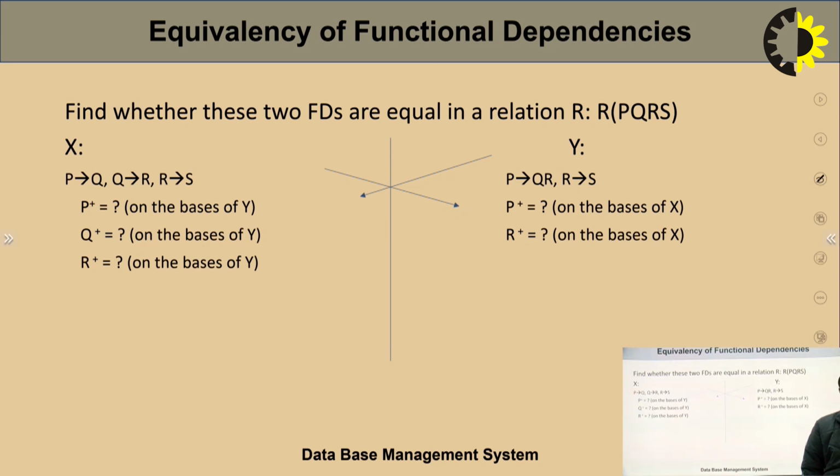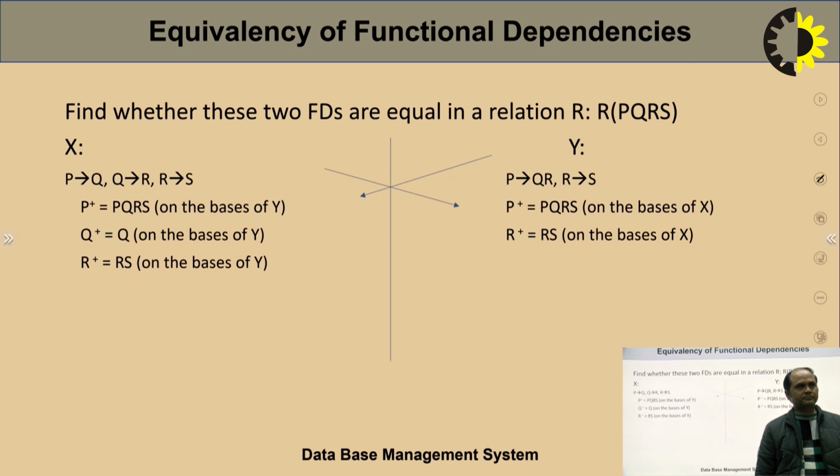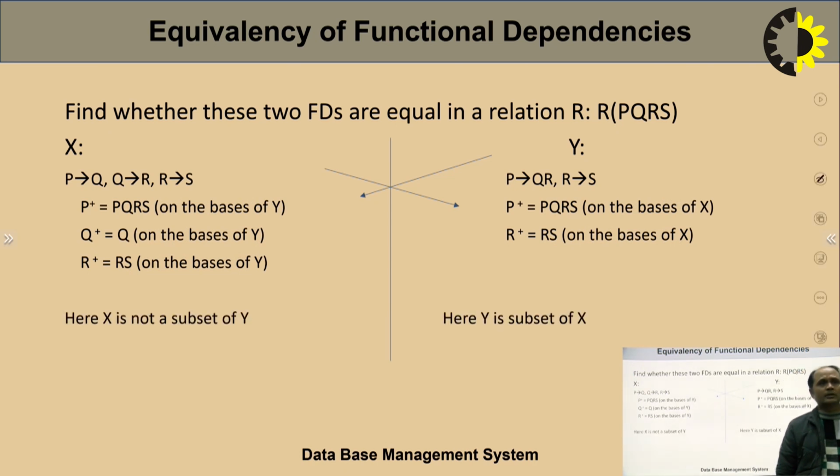Suppose these are the two functional dependency sets, X and Y, given in another question. In X, we have P tends to Q, Q tends to R and R tends to S. In Y, we have two functional dependencies, P tends to QR and R tends to S. So we check the equivalence of the functional dependencies.